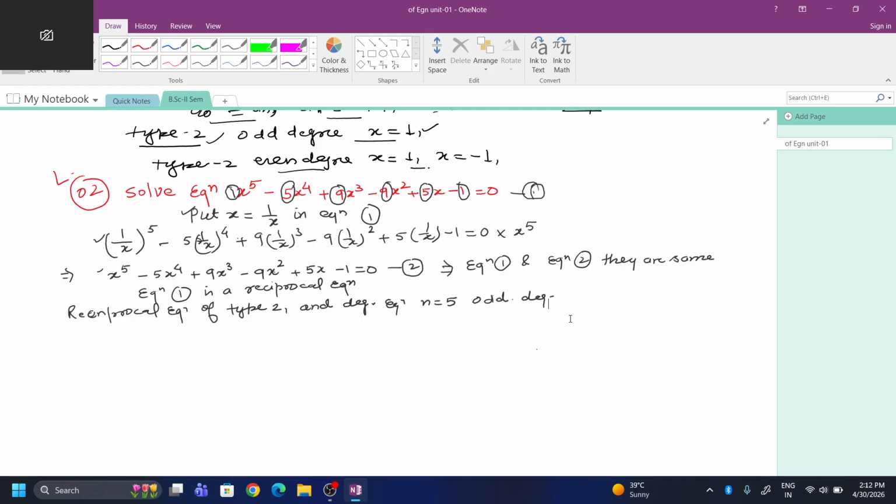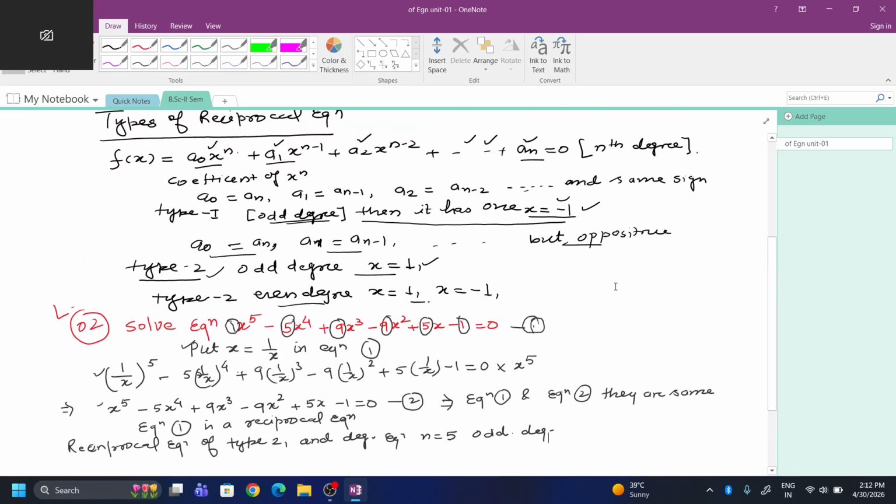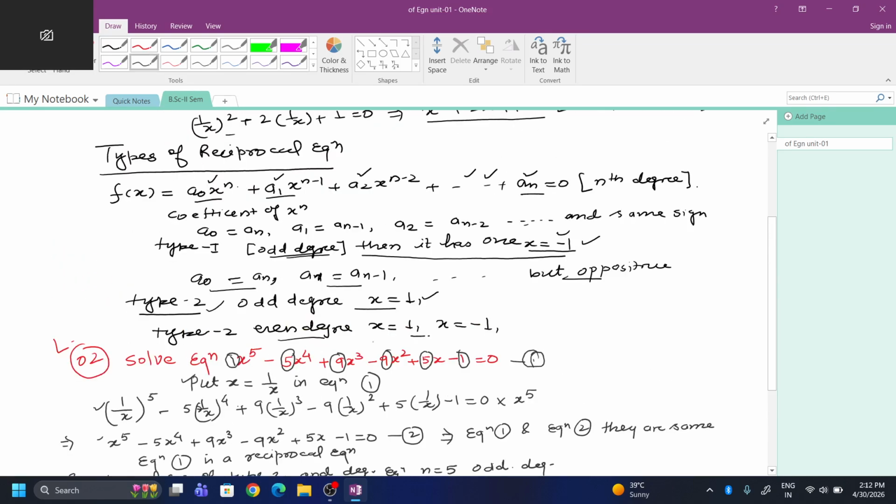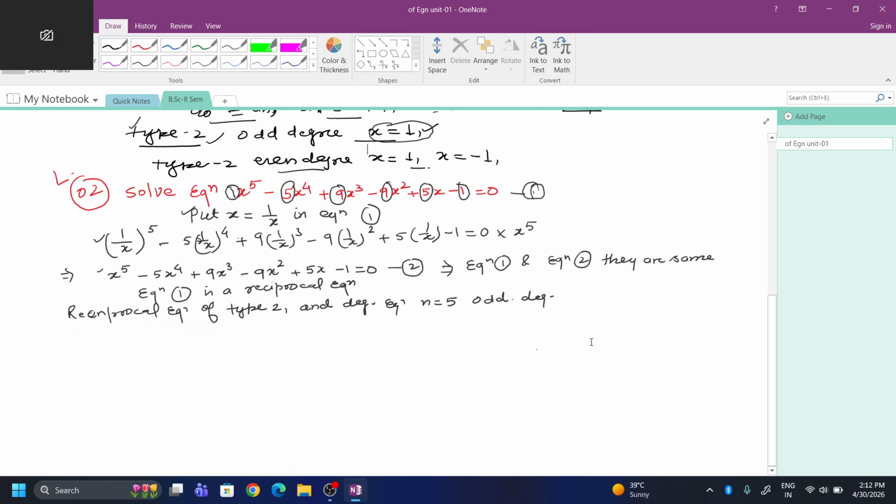So according to the previous lecture, when it is a type 2 of odd degree, then it has one root, x equal to 1. So here x is equal to 1 is a root of equation number 1.